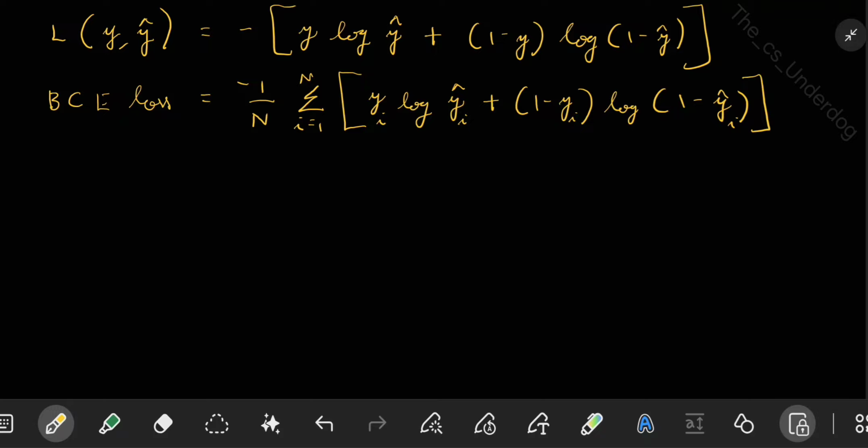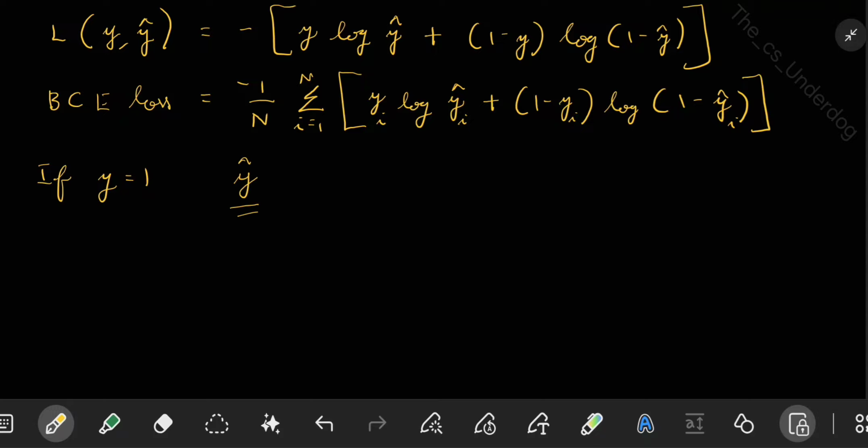Under the assumption that data follows Bernoulli distribution, we are going to define what could be the loss in this scenario. Let us say y is equal to 1. So if y is equal to 1, it means the true label for this particular input is 1. It should actually belong to class 1. Then I will say probability is y cap.